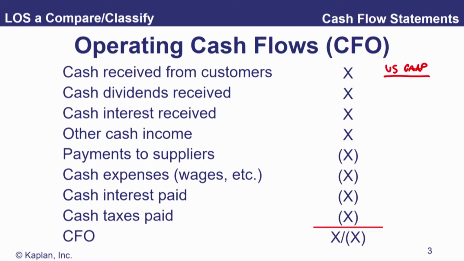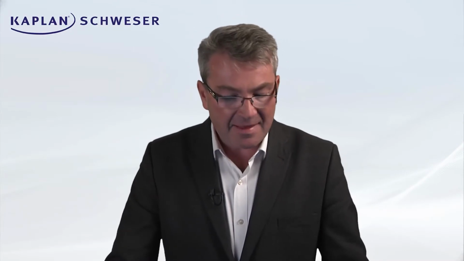Now, when we look at this, you'll notice under US GAAP that we put dividends received, interest received, and interest paid through cash flow from operations. What you will notice is one is missing, and that, of course, is dividends paid. Under US GAAP, dividends paid is treated as a cash flow from financing, not a cash flow from operations.